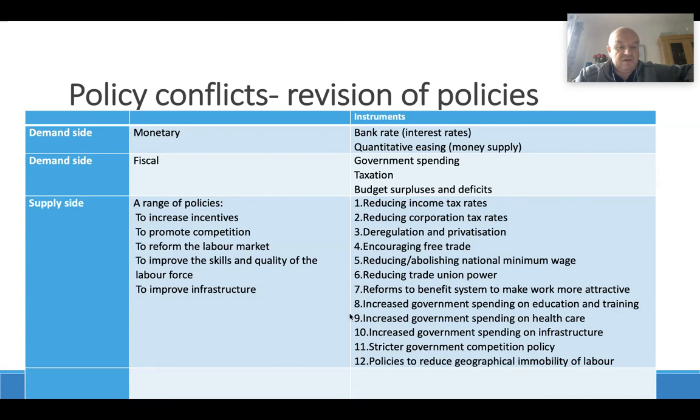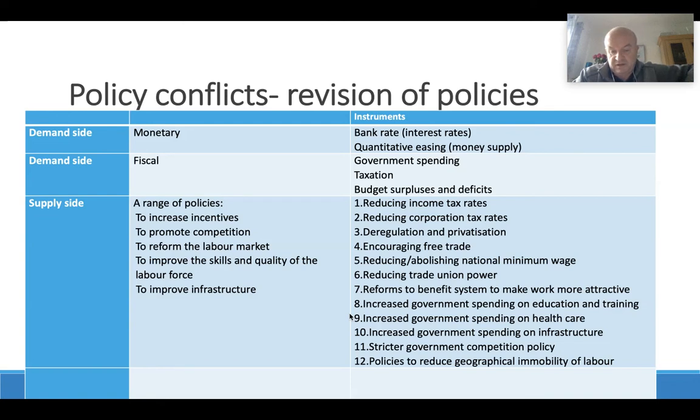Then we've listed the different ranges of policies that are available on the supply side, and they range from increasing incentives to encouraging and promoting competition, reforming the labour market, improving the skills and quality of the labour force, and also improving overall infrastructure to try to encourage supply side economics. And there's a list of 12 different instruments that are included there.